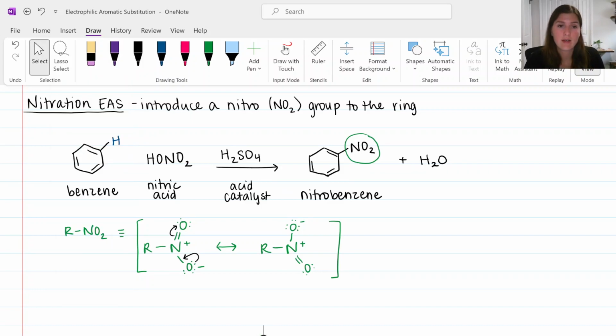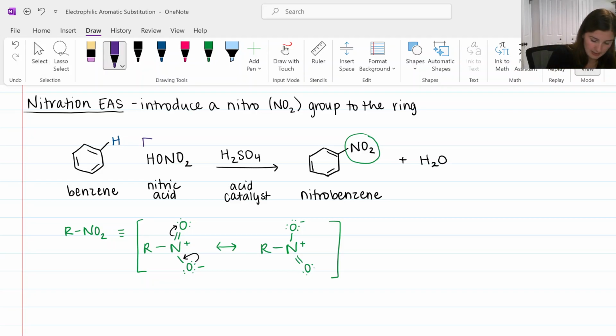Another thing to think about is, I said we add nitric acid, but then we also need an acid catalyst. So if we already have an acid, why do we need another one? Well, the pKa of nitric acid is negative 1.3. That's a pretty strong acid, but it's still not quite as strong as H2SO4, which has a pKa of negative 9.